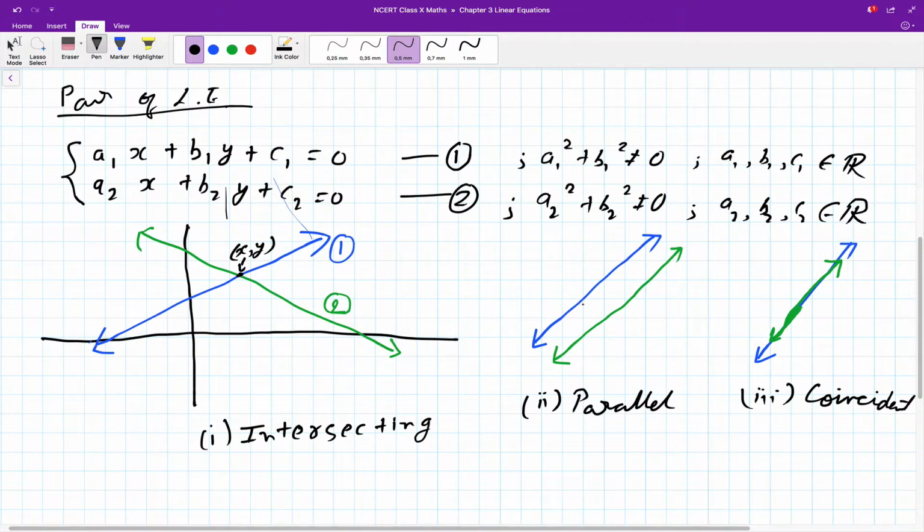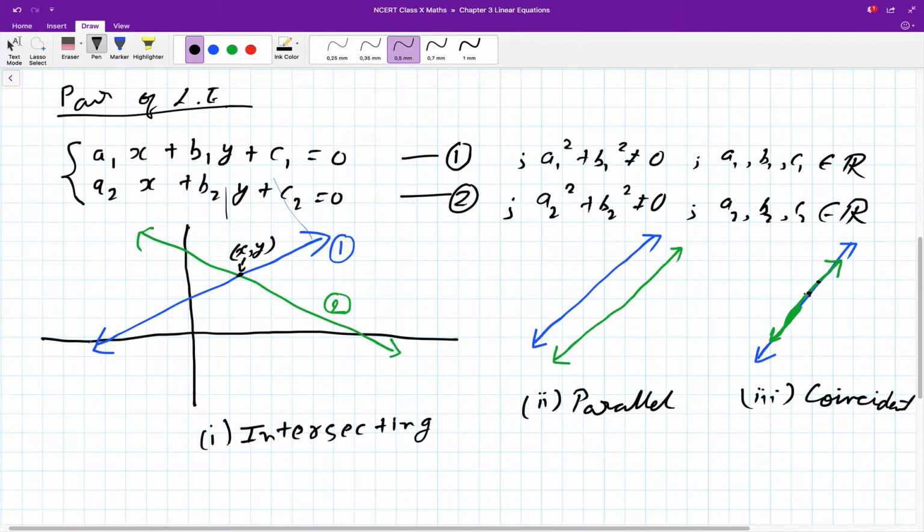In case of the parallel lines, we will have no solution. These lines are parallel, meaning that they will never intersect and there will be no common xy that will satisfy both of them. And in case of coincident lines, as you can see, every point that lies on this line will also lie on this.